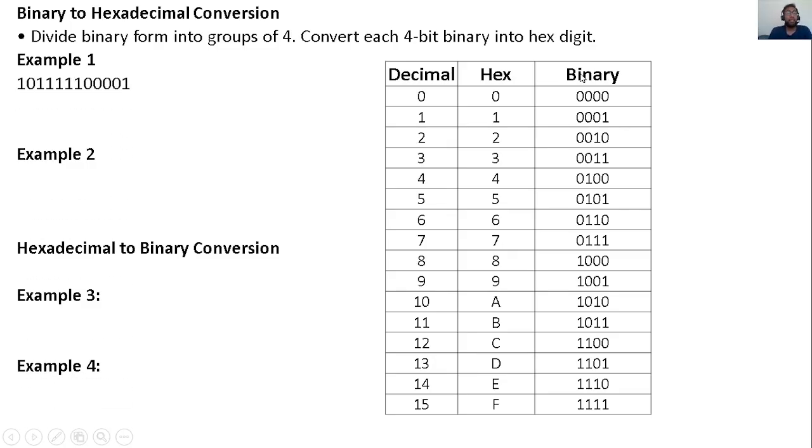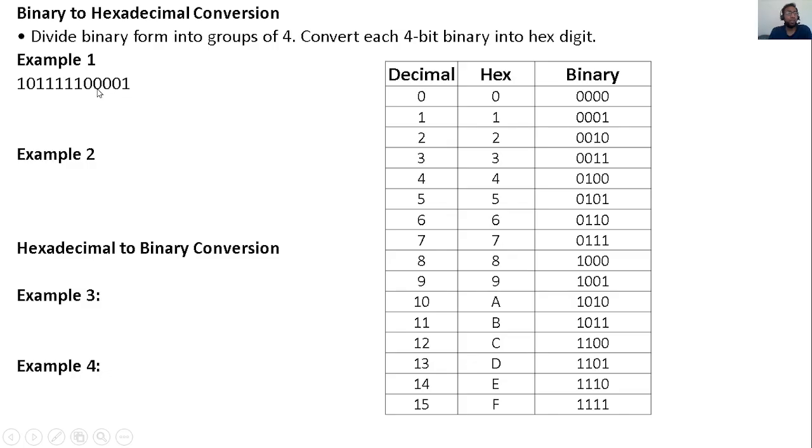Let's take this example. This is our 12 bit binary number, and as we discussed, 4 bits represent one hexadecimal digit. So we divide it into groups of 4. How do we divide? We start from the right side. You can see 0001, these are the last 4 digits.